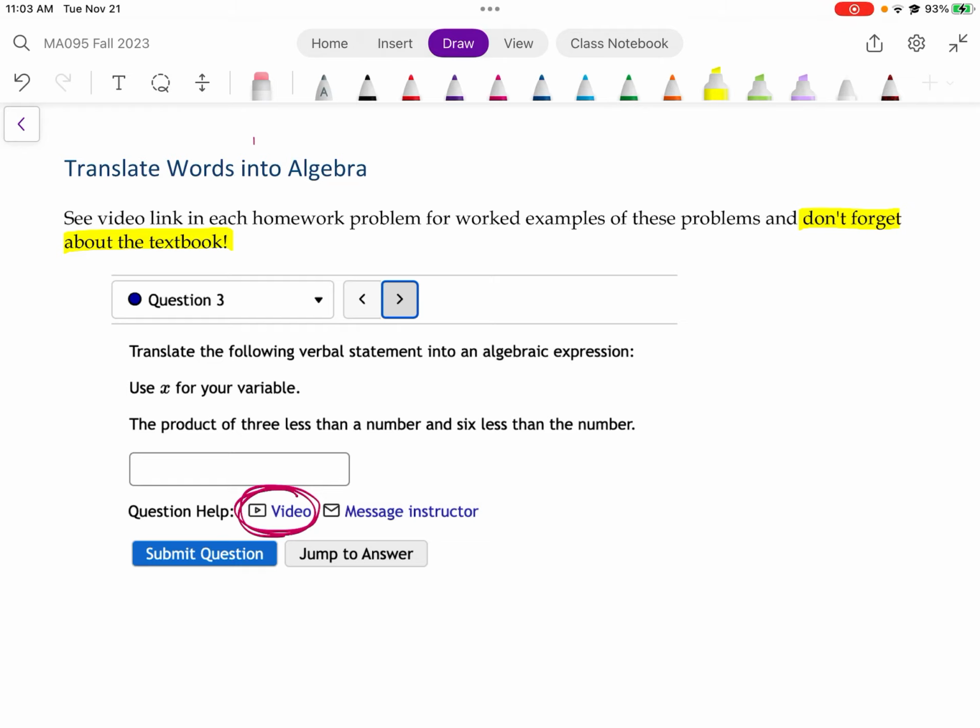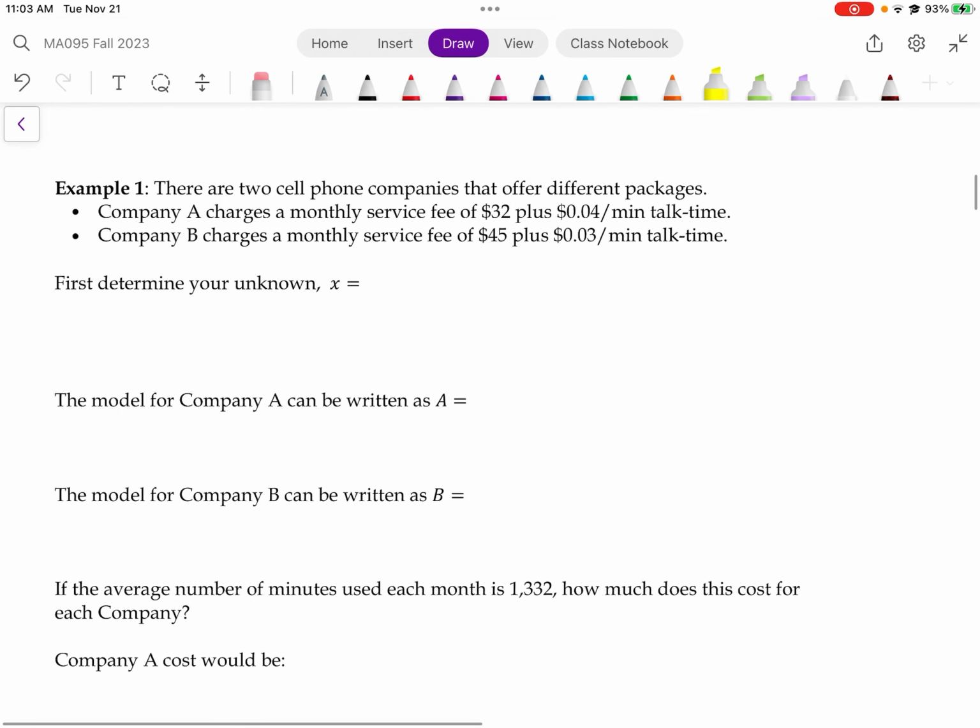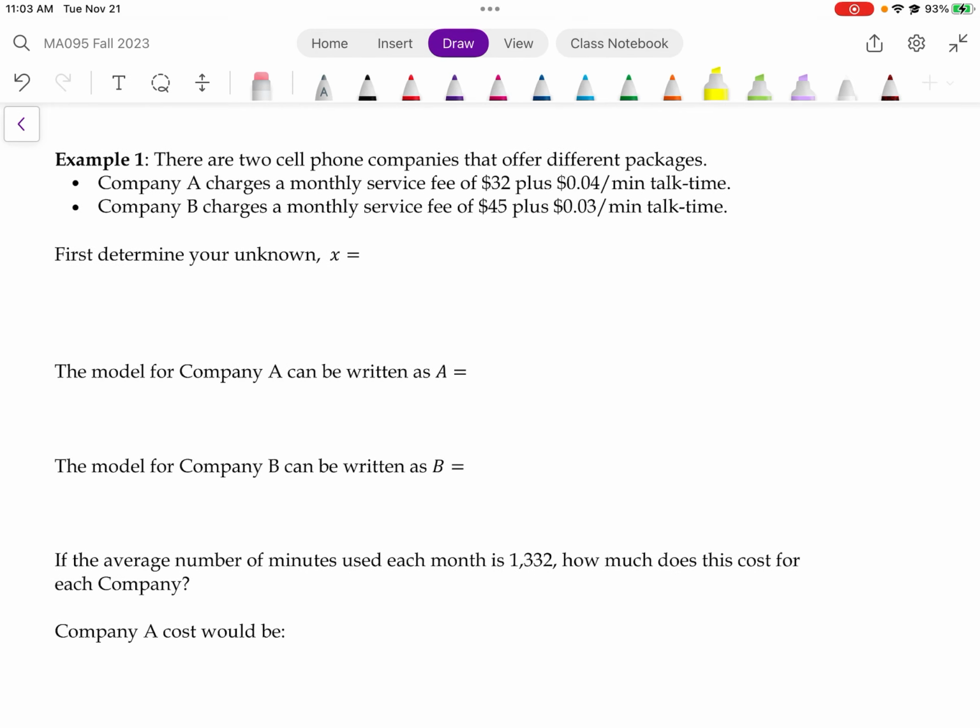All right, so my first example for you is a problem that involves cell phone plans. So we've got two different cell phone companies and they offer different packages. Company A charges a monthly service fee of $32 and $0.04 per minute. They're 4 cents a minute. That's how you would write it in dollars.